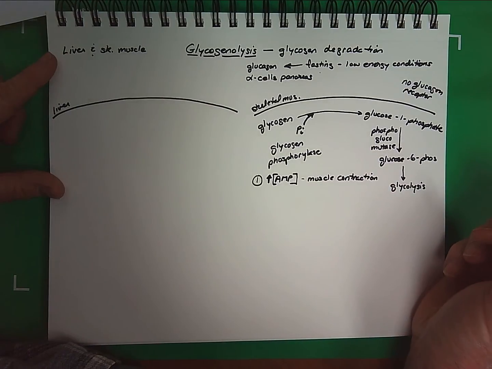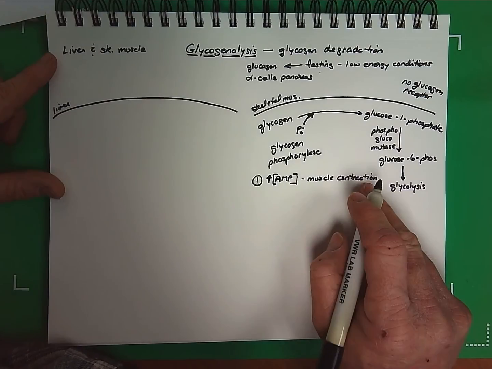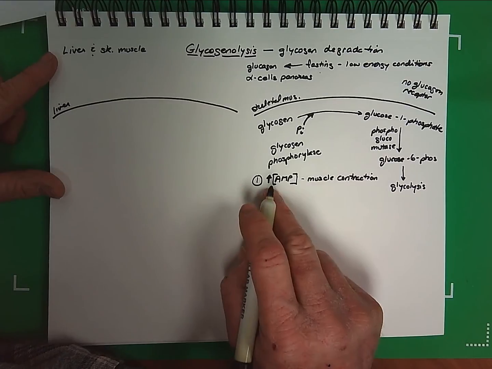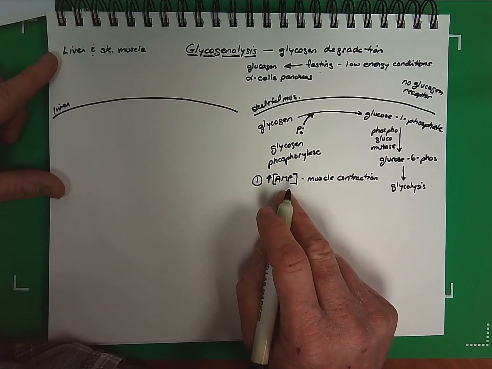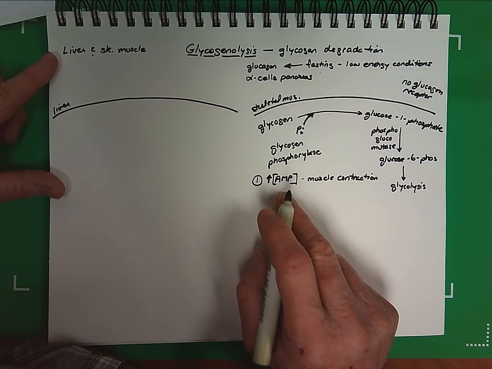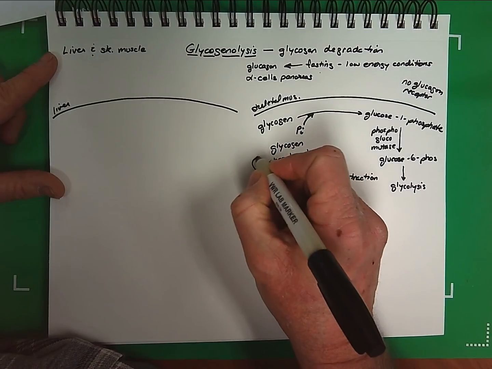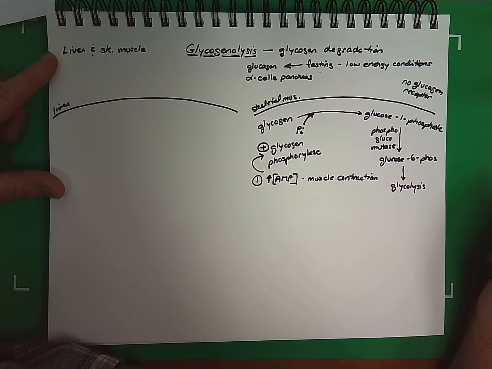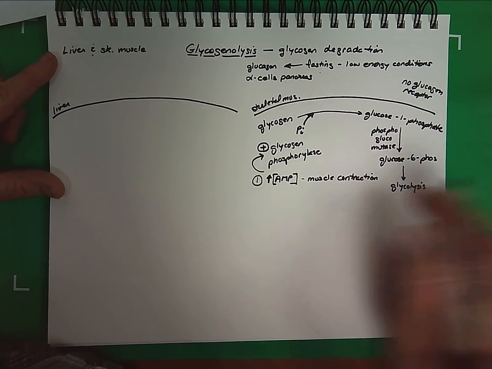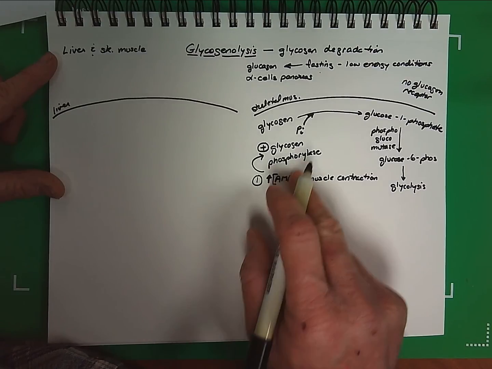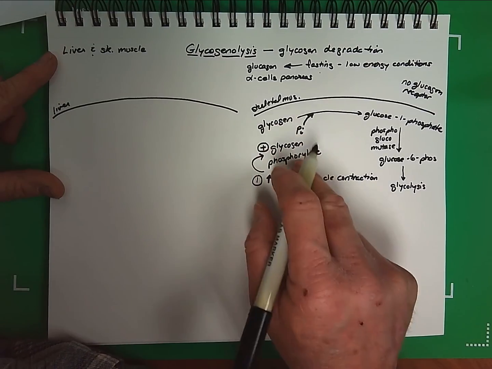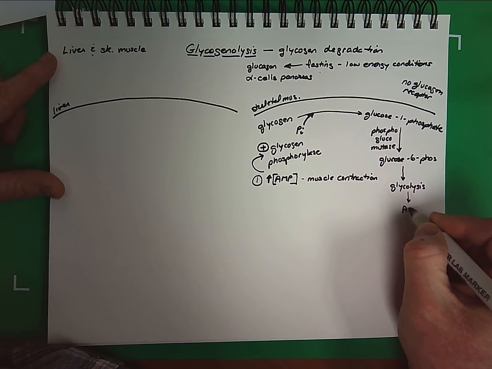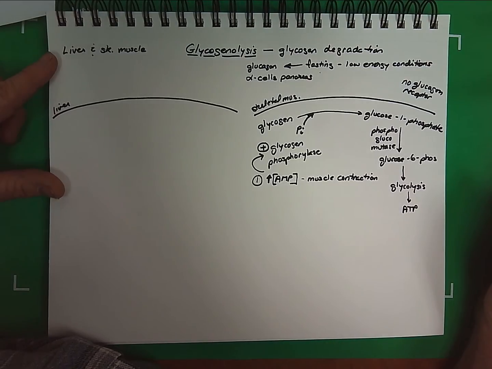So with light muscle contraction and activity, we obviously burn our ATP for our myosin-actin interactions, and that's going to increase AMP. Now AMP is an allosteric activator of glycogen phosphorylase. So as our energy charge starts to decrease, we indicate to the enzyme that we need to release more glucose to generate ATP from glycolysis and the TCA cycle.